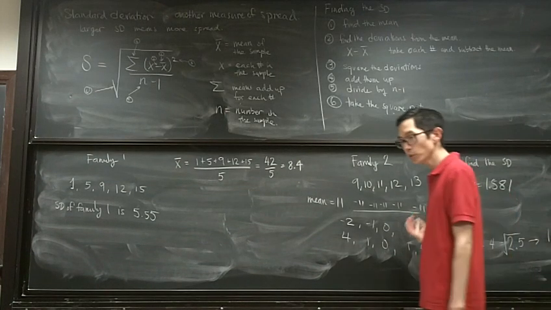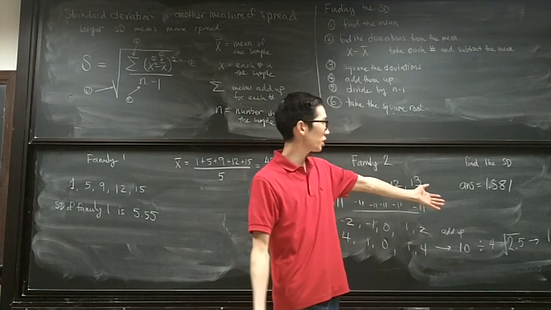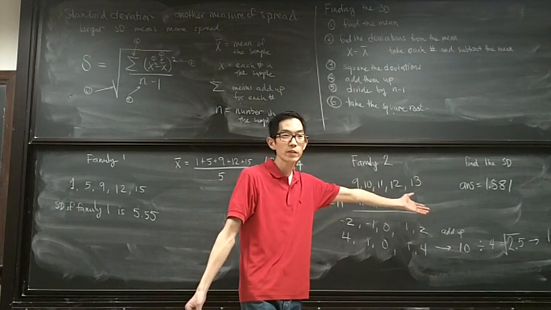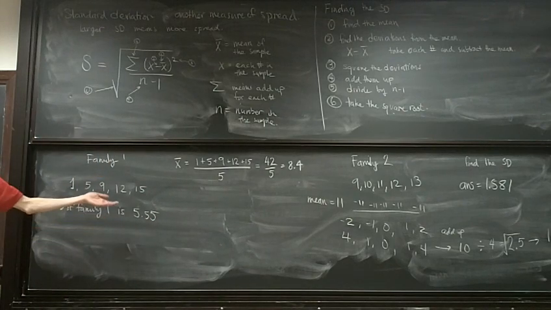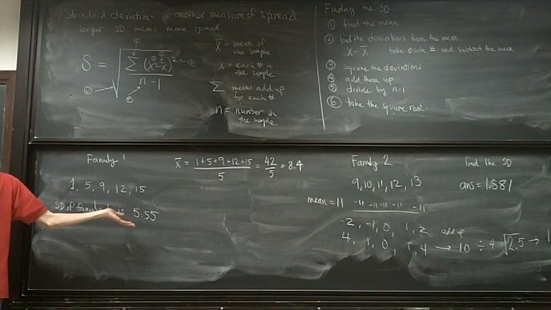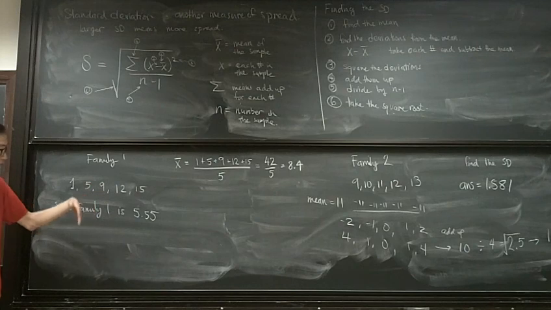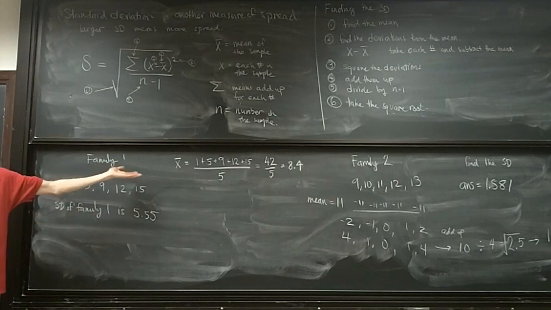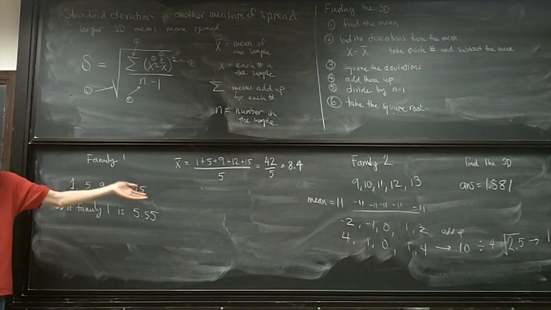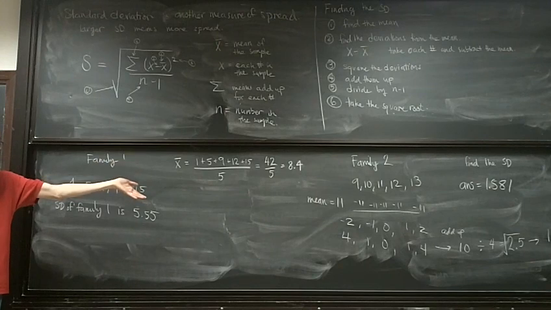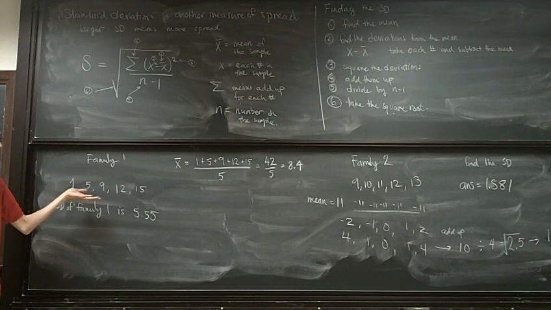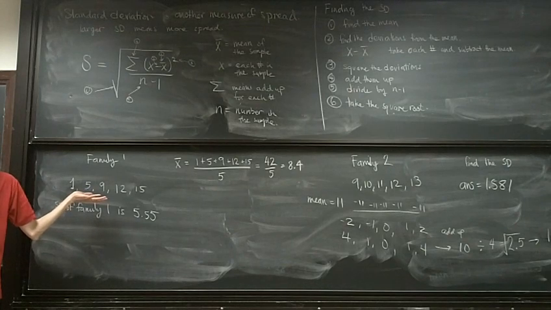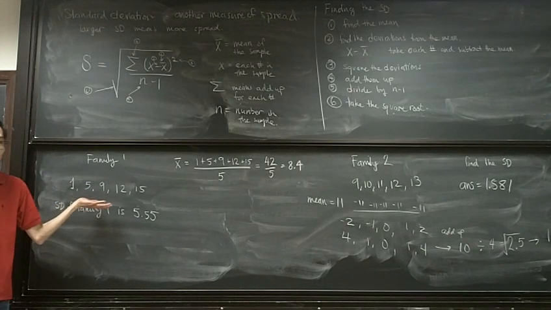So family 2 has a standard deviation of 1.581. Family 1 has a standard deviation of 5.55. So it just confirms what we already knew about these families. Family 2, the spread in the ages is less than the spread in the ages of family 1. Okay? How's that?